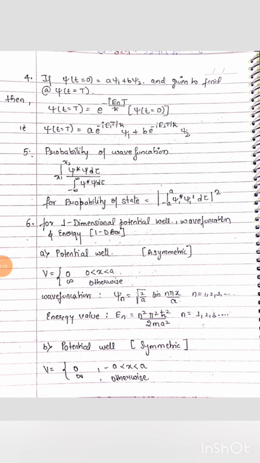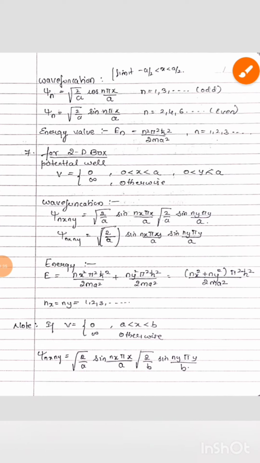If the potential well is symmetric, then the potential is V is equal to 0 for x greater than minus a and less than a, and infinity for the other conditions. The energy is represented by E is equal to n square pi square h cut square divided by 2 m a square, where n is equal to 1, 2, 3, 4.